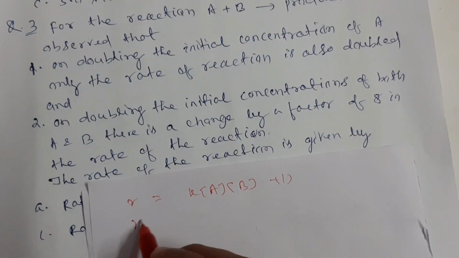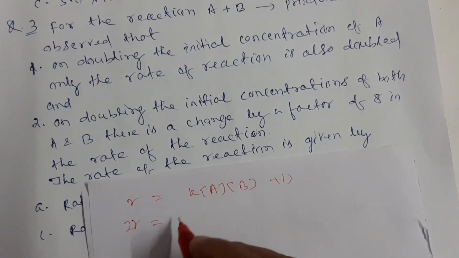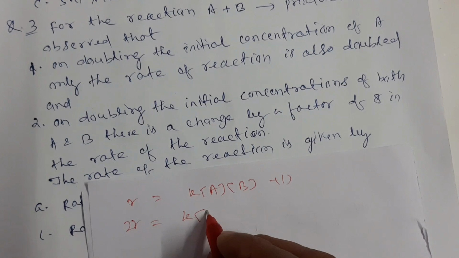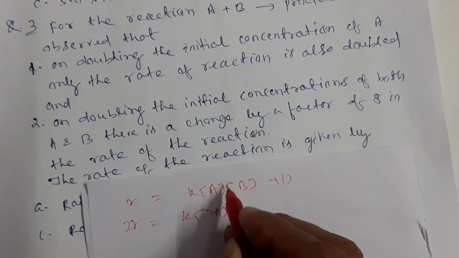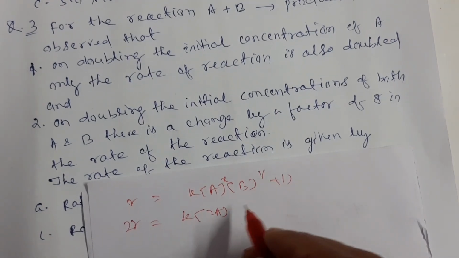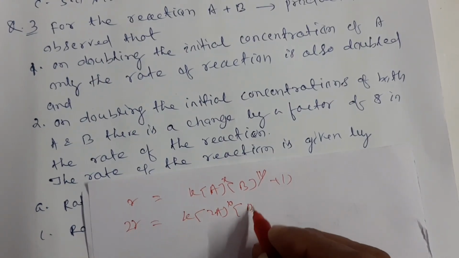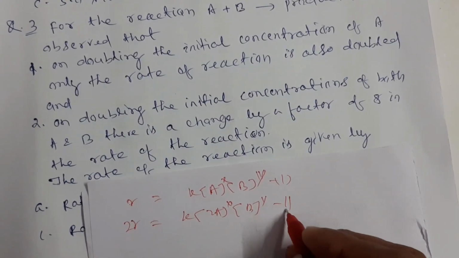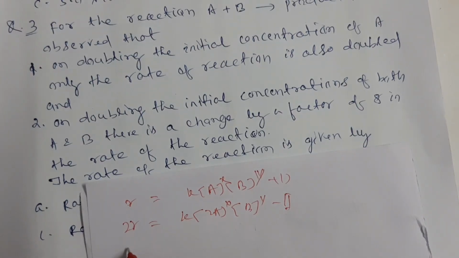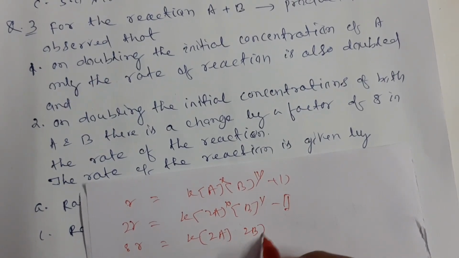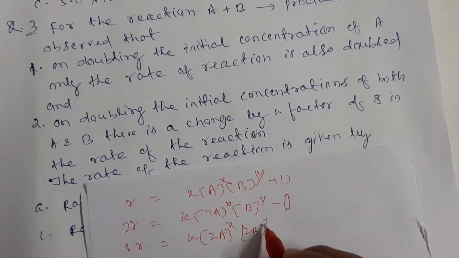On doubling, the rate will be 2R, so K, that is 2A to the power x, B to the power y, where x and y are the orders. This is equation 2. It will be 8 times, 8R, so K, both are doubled, 2A and 2B, to the powers x and y. This is equation 3.